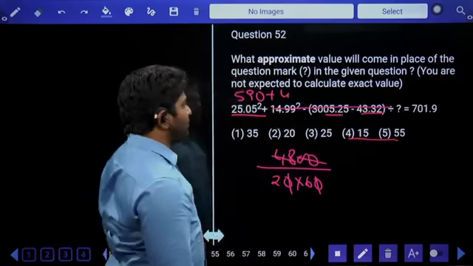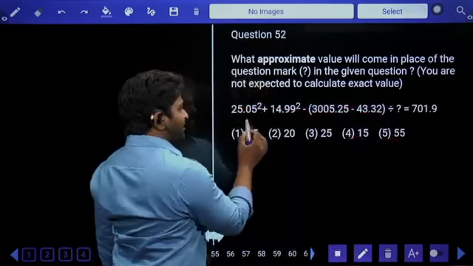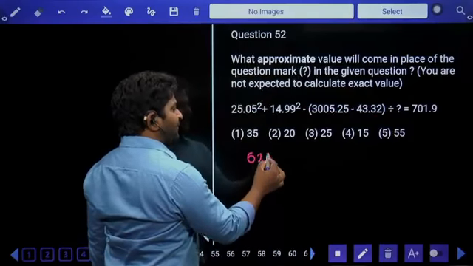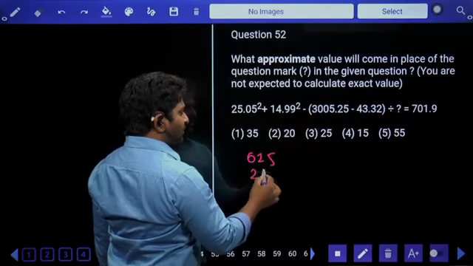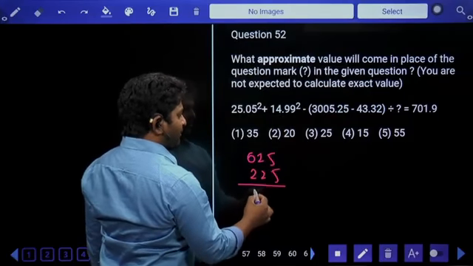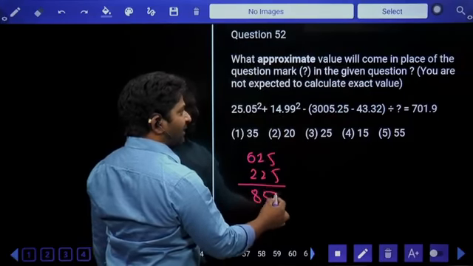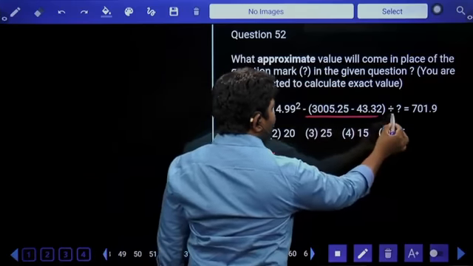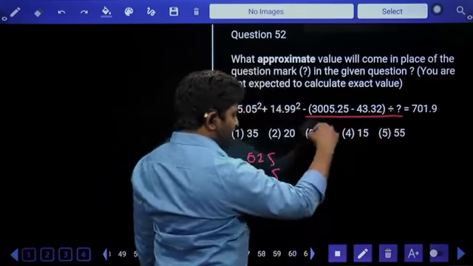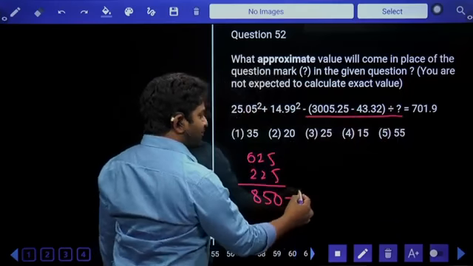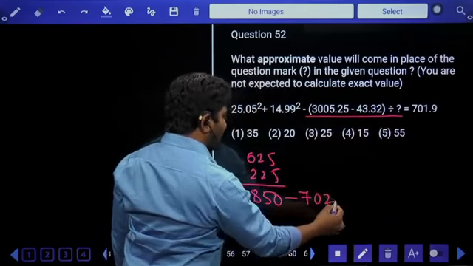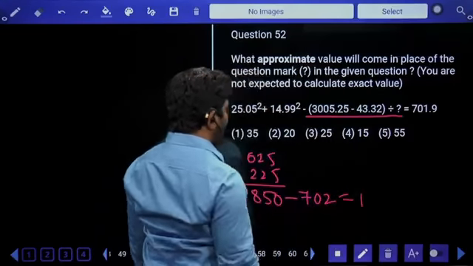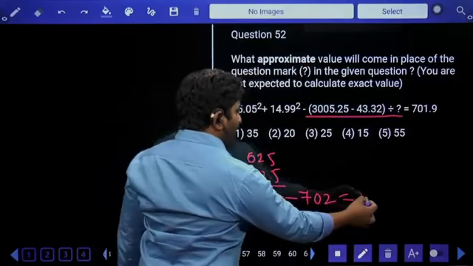Next, 52. We can write it as 25 square, that is 625, plus 15 square, that is equal to 225. So far we have 850. Now take this negative number to the right hand side and the right hand side number comes to the left hand side. It becomes minus 702, which is equal to 148.